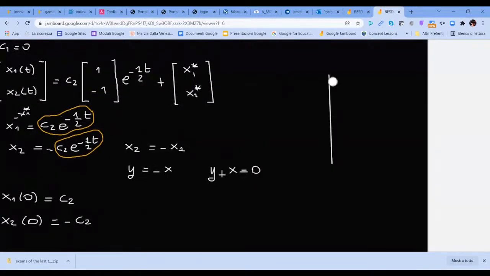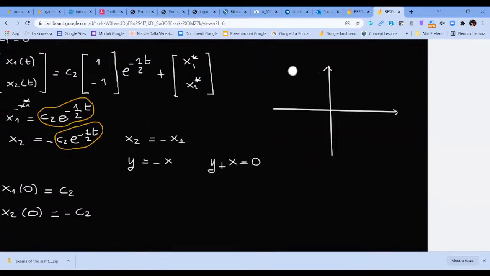I'm sure you already have an idea of which kind of line this is.